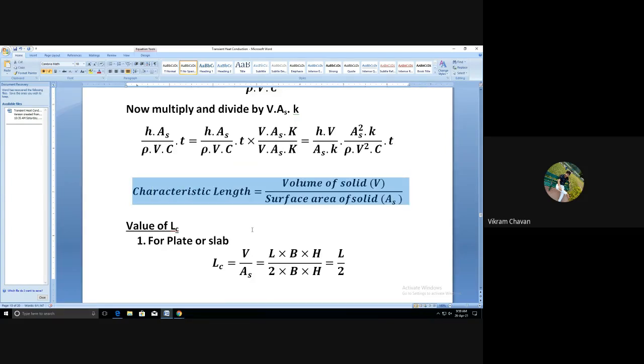Characteristic length is equal to volume of solid, in bracket v, divided by surface area of solid, in bracket a suffix s.